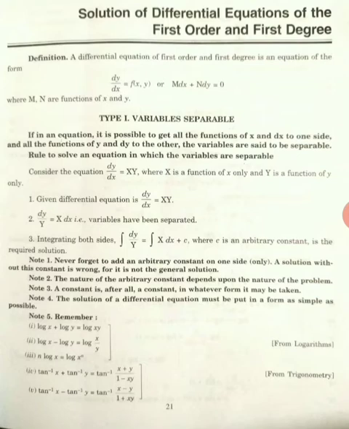Okay, we have some notes. So here, the first note is: never forget to add an arbitrary constant on one side only. That means we have to put the constant term on only one side, not both sides. A solution without this constant is wrong, for it is not a general solution.